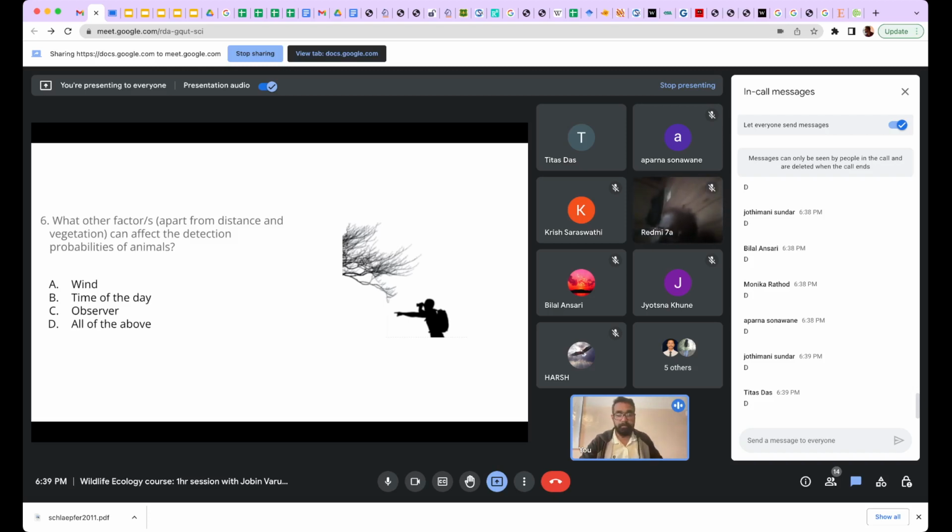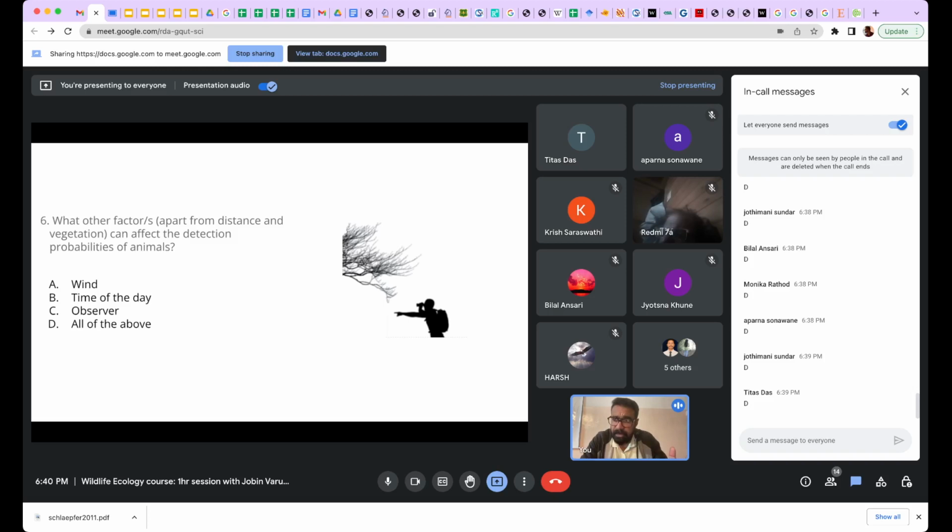A lot of bird watchers sometimes recognize a bird by its call, right? People must be knowing by now that seeing the animal is not the only way you detect the animal. Sometimes you detect the animal by the dung or scat it leaves behind.